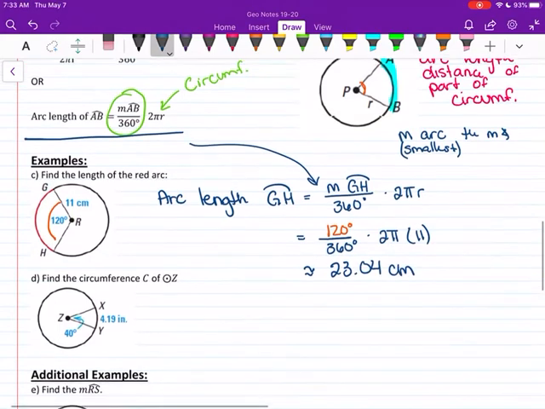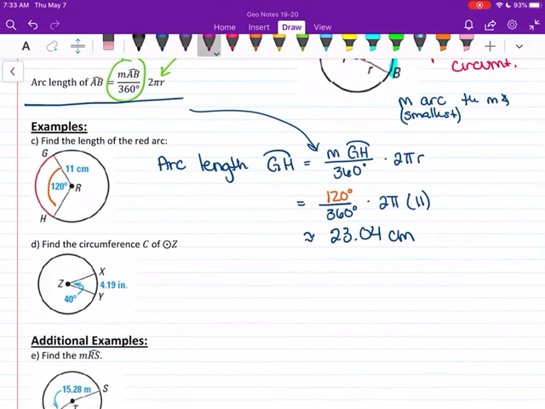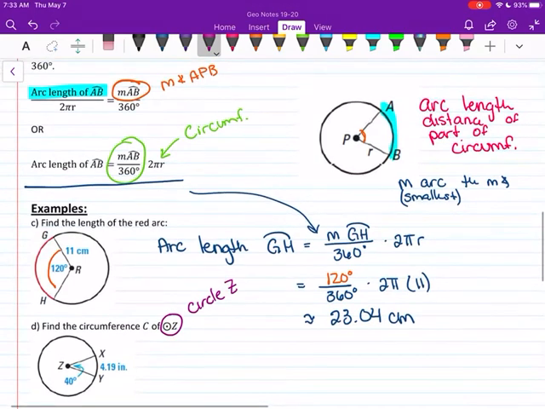All right, example D. I'm going to switch colors so we don't get confused here. This notation right here is the notation for circle Z, a circle with a little dot in it. And it says find the circumference of circle Z. So I'm going to use the proportion formula.